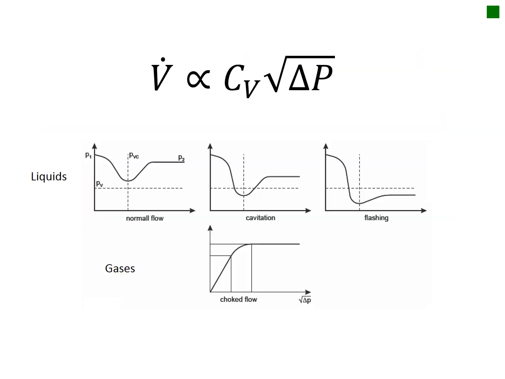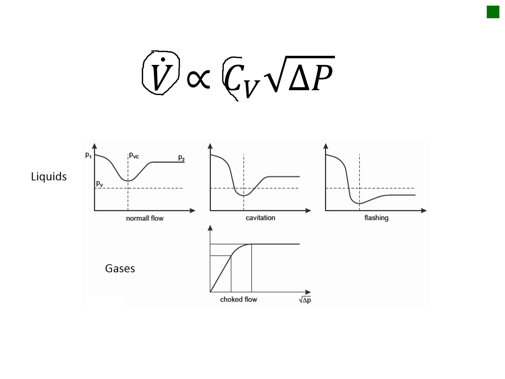Let's now look at how a valve performs with respect to the flow rate that goes through a valve. We're interested in the volumetric flow rate, V dot. And this might be gallons per minute or cubic meters per hour, depending on what we're interested in measuring our flow rate in. That volumetric flow rate is going to be proportional to two factors.